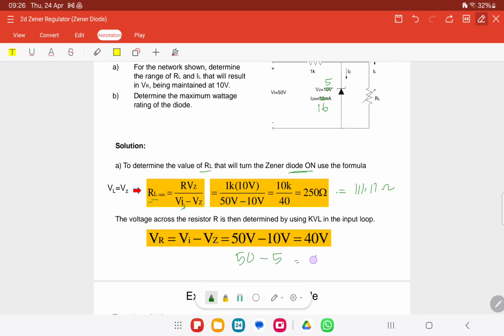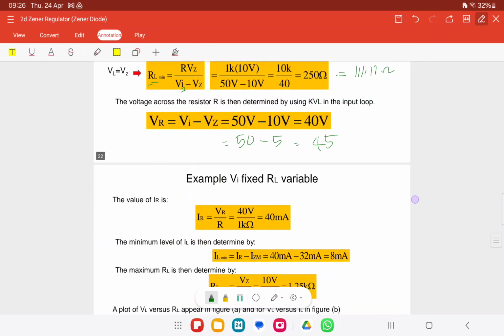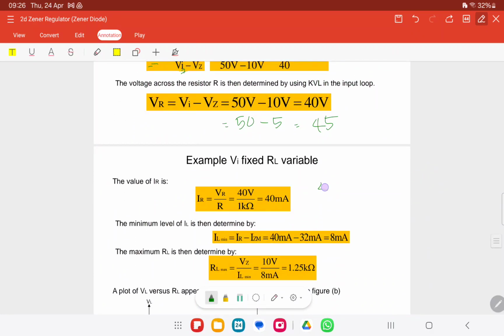Because VZ is 5, so dapat 45 VR. Once dah dapat the VR, you can get the value of the IR. IR will be fixed. So straight away IR 45 over 1K kan? Kita tak tukar the value of R. You dapat 45 milli kan?